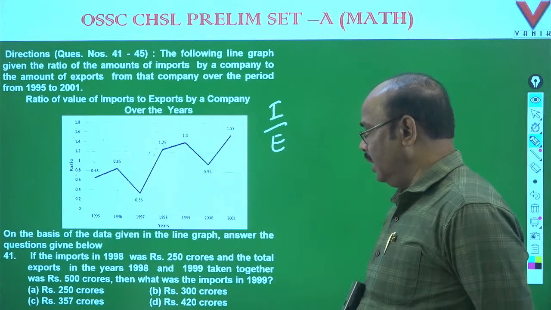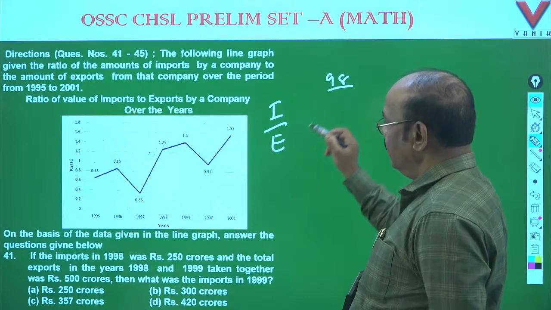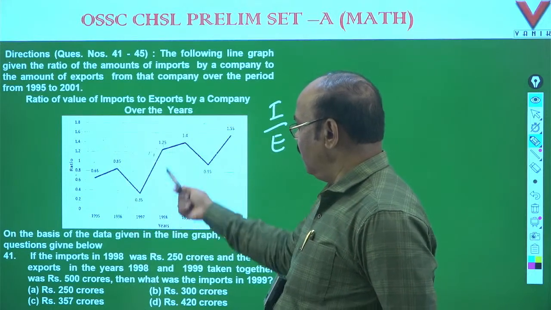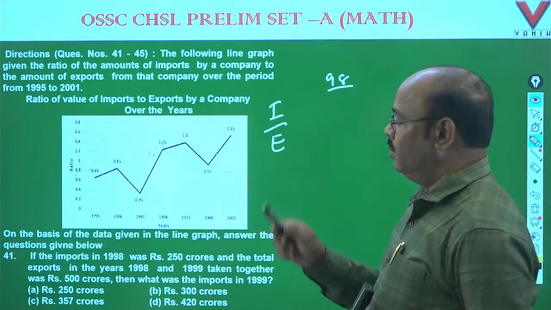Question 41: if the imports in 1998 were 250 crore, what were the imports in 1999? The ratio for 1998 is 1.25, so the ratio is 125 by 100, which is equal to 5/4.